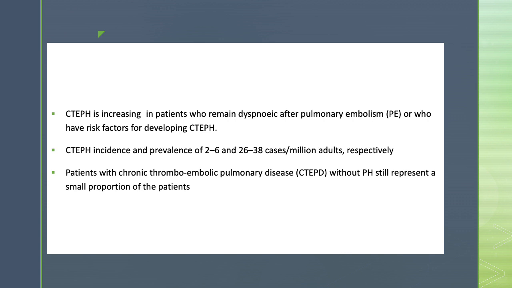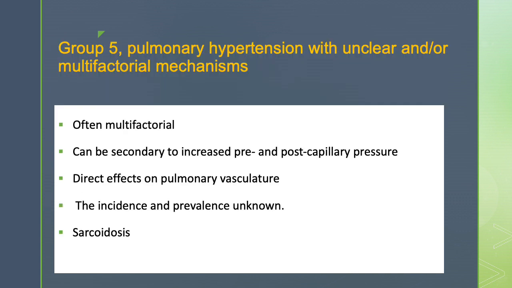Usually an acute embolus would cause a sudden rise, but CTEPH leads to pulmonary hypertension. Usually patients who have pulmonary embolism remain dyspneic after treatment. They also have CTEPH, with a prevalence of 26 to 38 cases per million adults.